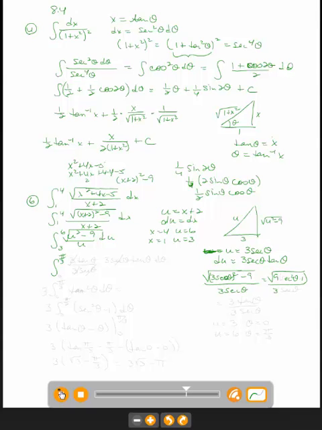And so that gives me a 9 secant squared theta minus 1. That gives me a 3, secant squared minus 1 is tangent squared. And the square root of that, yes, is tangent. And then on the bottom I have a 3 secant.